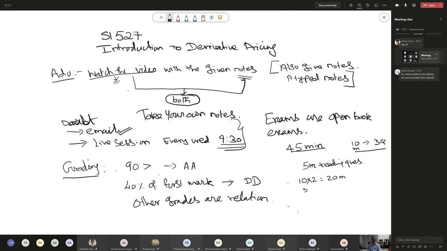One question is only for 5 minutes, so half an hour went in this. So 30 minutes are already gone, and the remaining 15 is for taking photographs of your answer sheets, converting them into PDF, and uploading the answer sheet in PDF only.